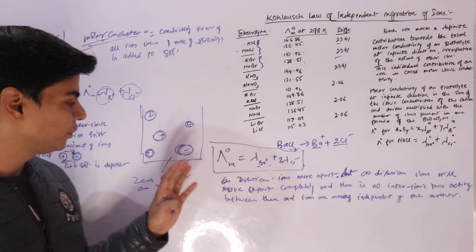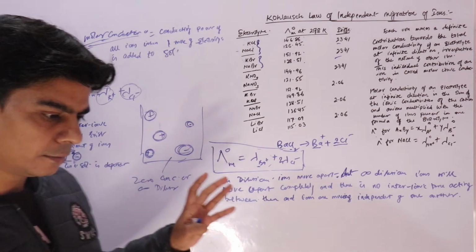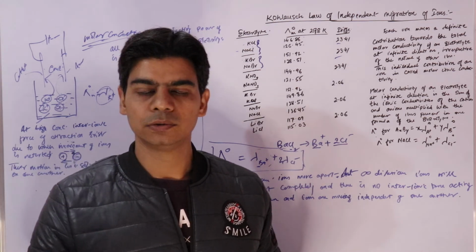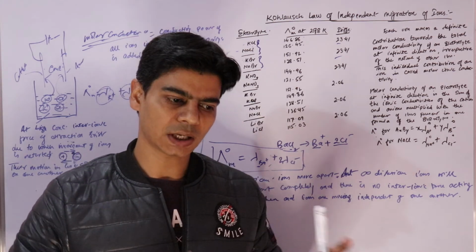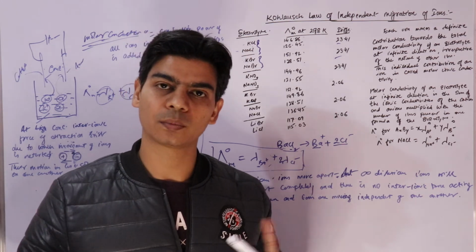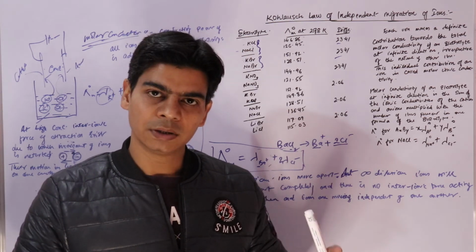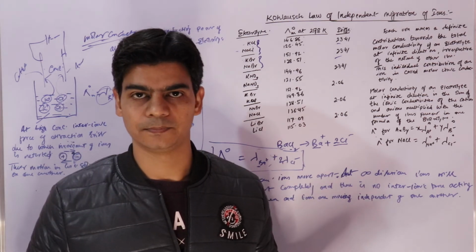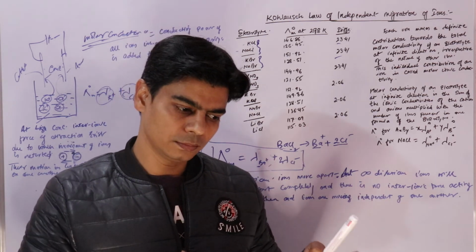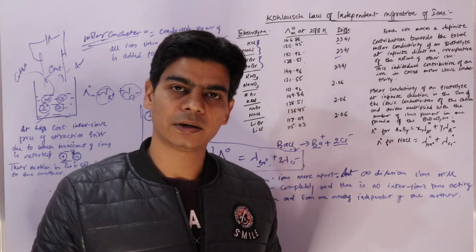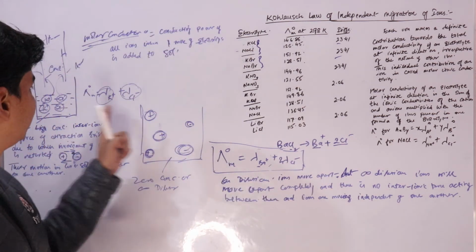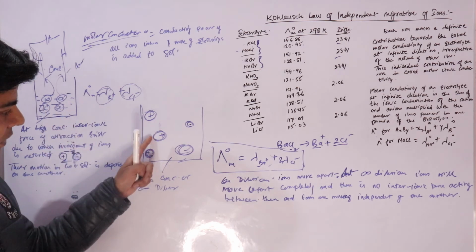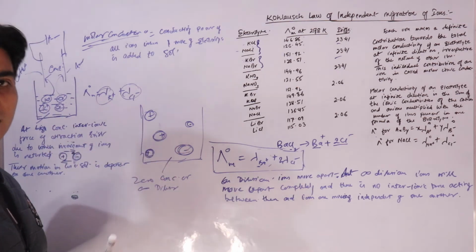In the electrolytic cell, when you pass electric current through a solution of an electrolyte, these ions start moving towards their opposite electrodes, and electricity is conducted by the movement of ions. So it is these ions that are carrying current.